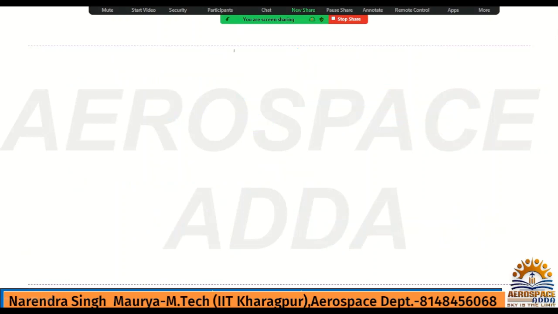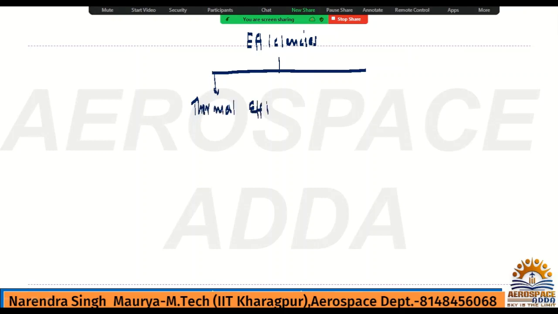So if you go for the efficiencies, we have 2 efficiencies: thermal efficiency and propulsion efficiency. Propulsion efficiency is denoted by eta P and thermal efficiency is denoted by eta TH.